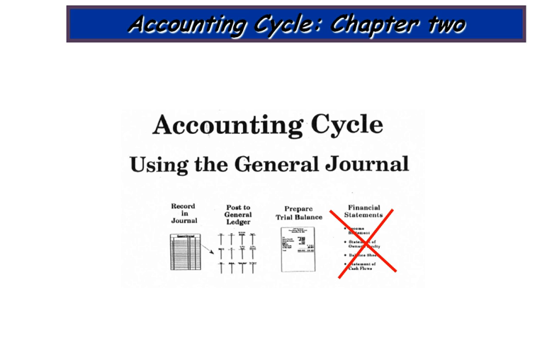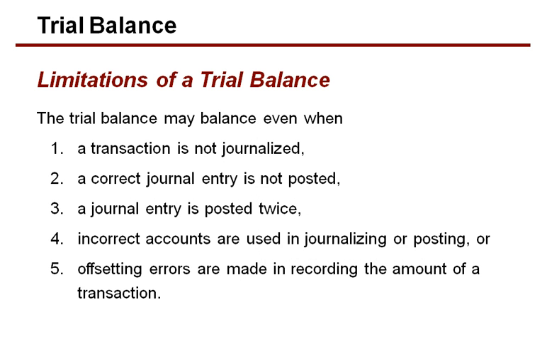But we're not ready to make financial statements yet. We're making a big deal out of this, aren't we? There could be some problems in the trial balance. The trial balance may be in balance even when a transaction is not journalized.